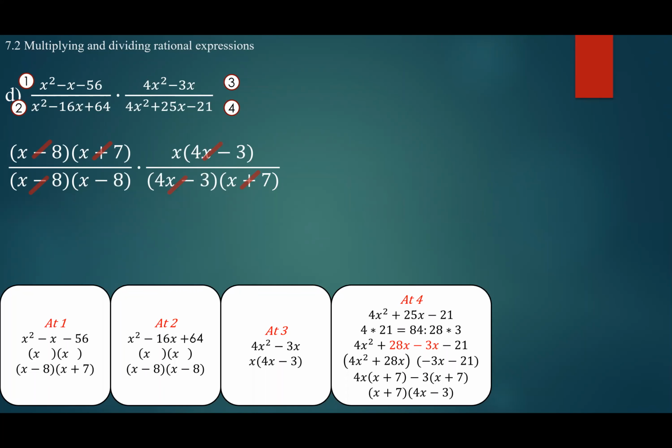So those are the items that are the same on top as on the bottom. So again, I can cancel this out, I can cancel this out, and I can cancel this out. Now, if I cancel those out, what do I have? Well, the only thing I have left is x over x minus 8, which in this case is what we have, x over x minus 8.